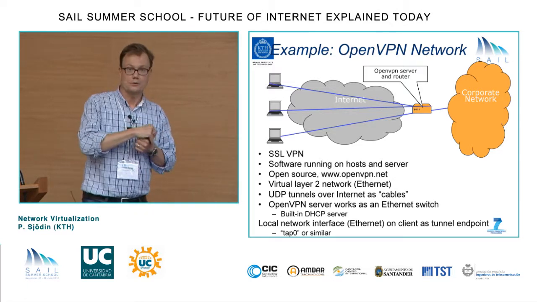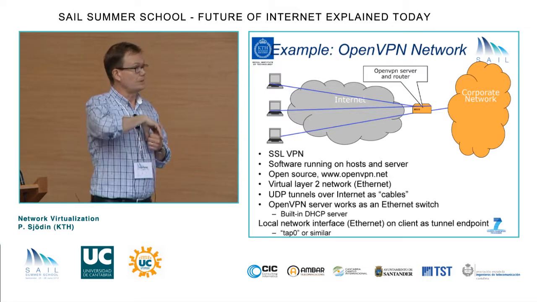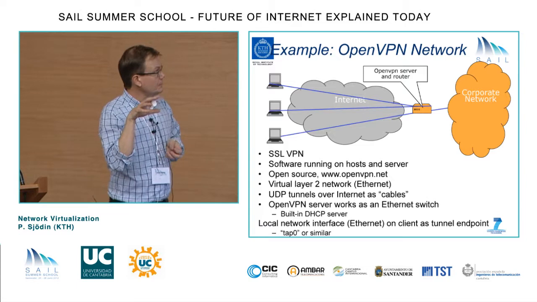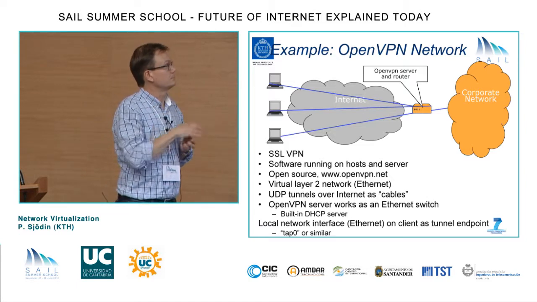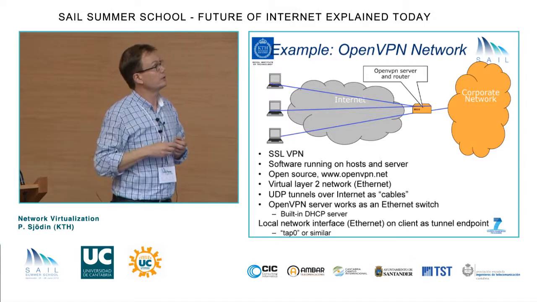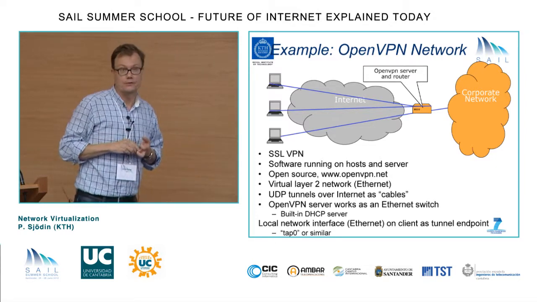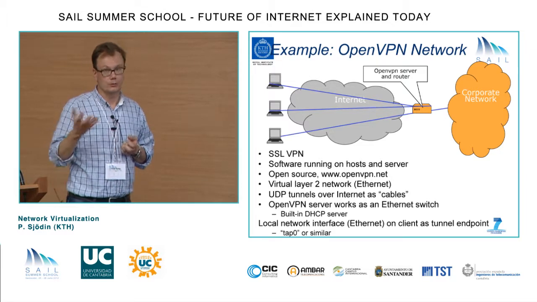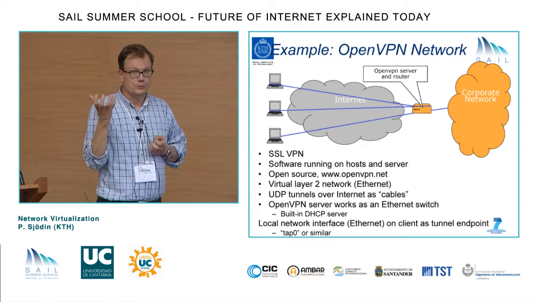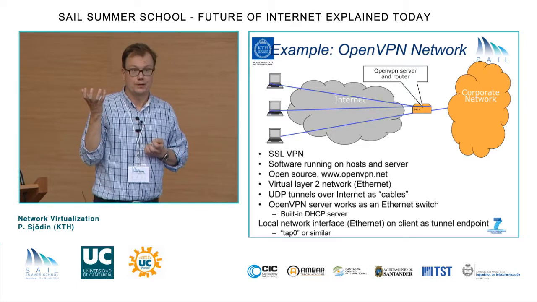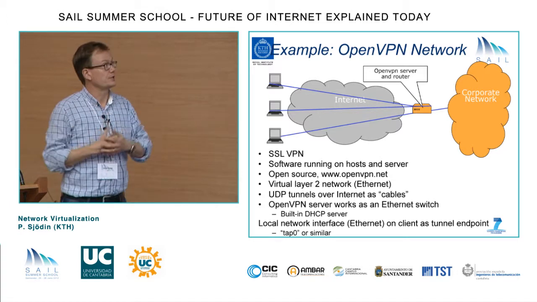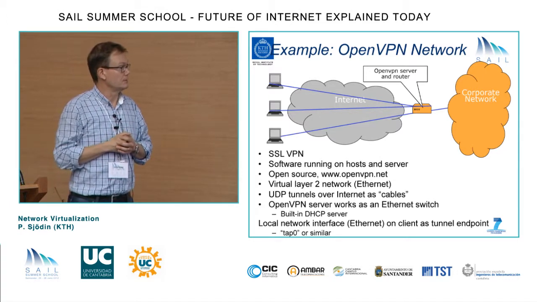When you send something out on that virtual interface, it will be encrypted using TLS and will be sent over the network to the other side of the VPN. And then you can configure it as point-to-point tunnels, or you can set up an OpenVPN switch, if you like, which is going to act a little bit like an Ethernet switch that is going to switch packets between the different tunnels.